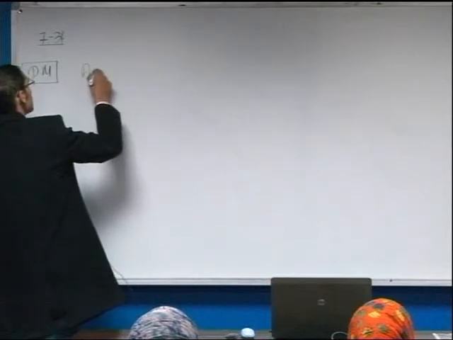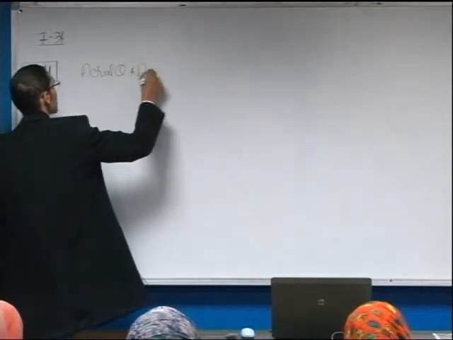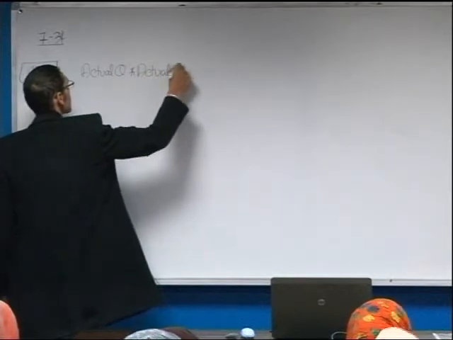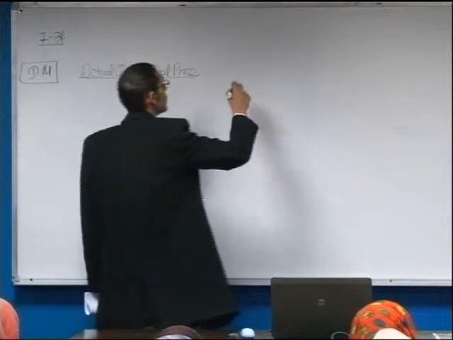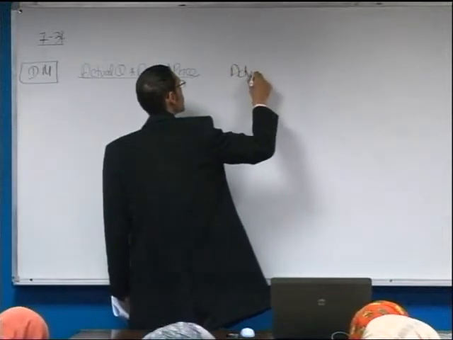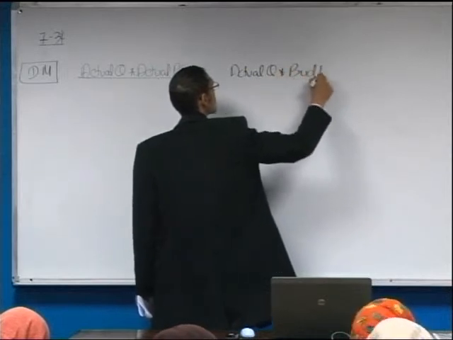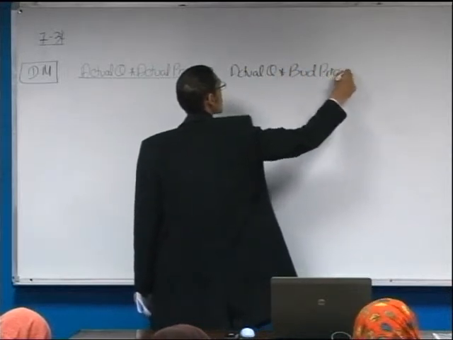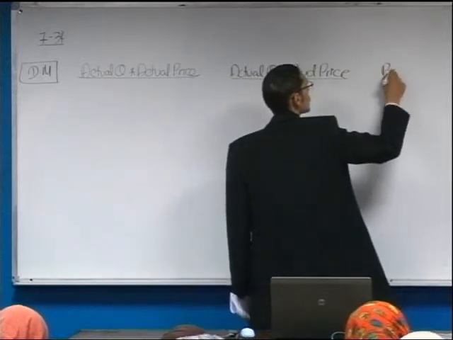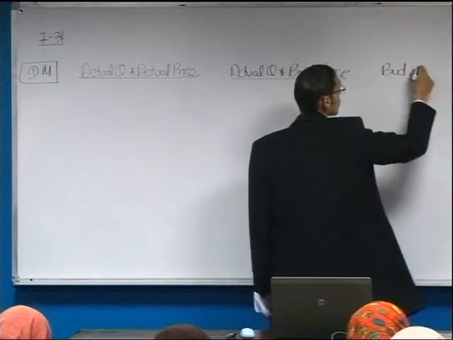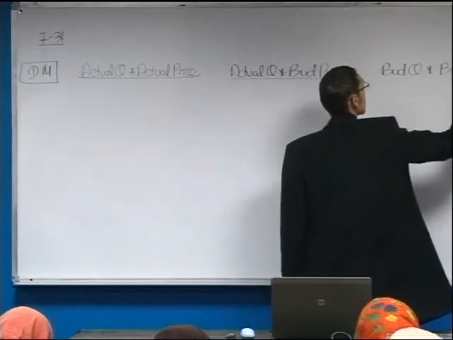Therefore, we need the actual quantity multiplied by the actual price. We need the actual quantity multiplied by the budgeted price. We need, at last, the budgeted quantity for the actual output, of course, multiplied by the budgeted price.